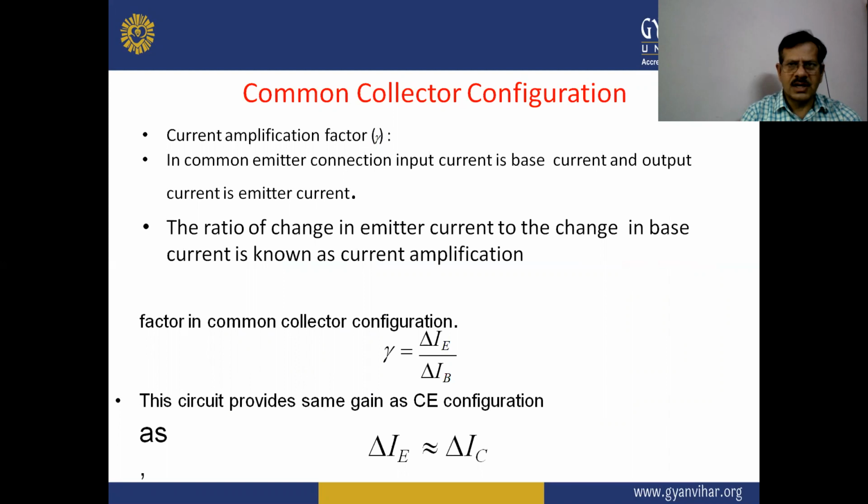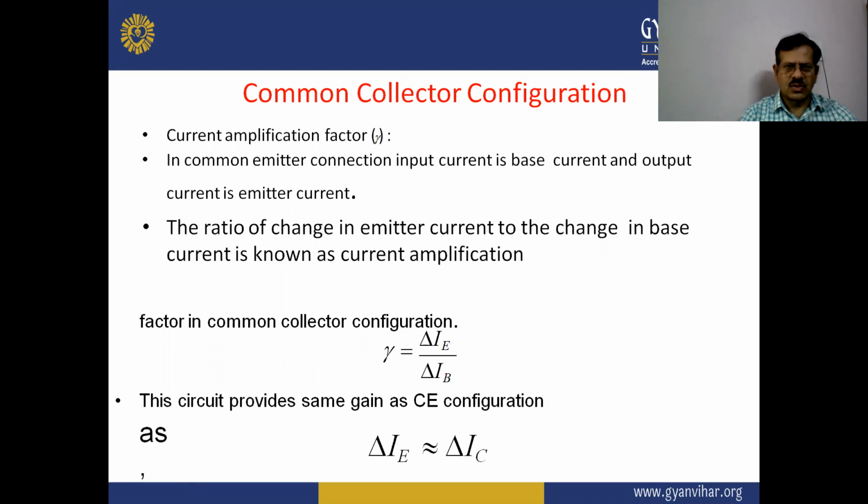In common collector configuration, the current amplification factor gamma: the input current is the base current and the output current is the emitter current.